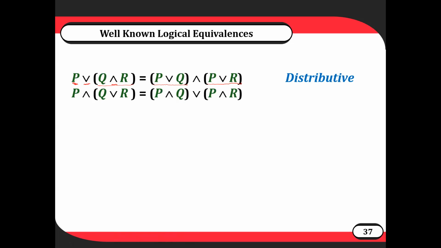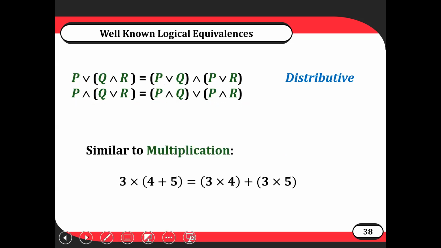By the same token, if we reverse these operators, putting an AND outside and an OR in the brackets, we can distribute as well: P and (Q or R) is equal to (P and Q) or (P and R). You can think of it as similar to distributing multiplication over an expression in brackets. If I take 3 times (4 plus 5), that is equal to 3 times 4 plus 3 times 5. So I've distributed that 3 over the 4 and the 5.